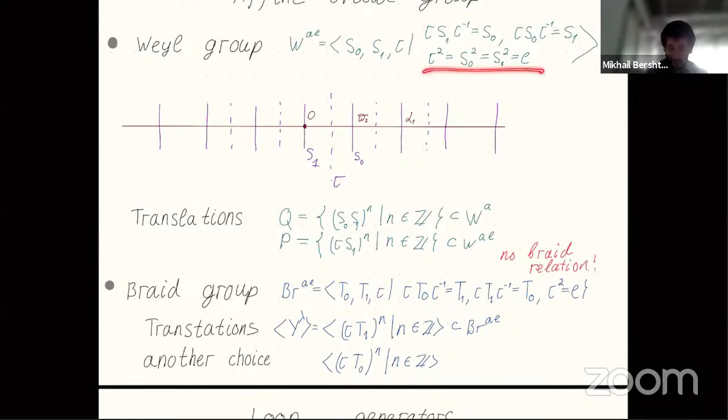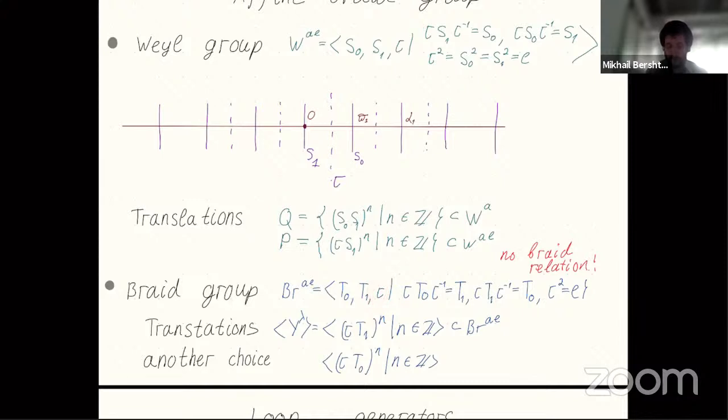The composition of S0 S1 has infinite order. This is because our root system is not simply laced. All roots have the same length, but not simply laced. So we have just simple relations which involve this external automorphism.